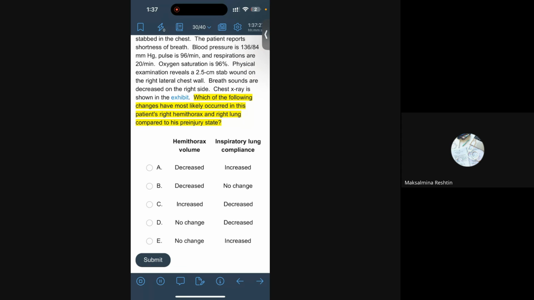The lungs are collapsed here. So what will happen to the compliance? Decreased. Yes, because now the lungs are less stretchy, right? Because now the lungs are collapsed. Now you require a much higher force to expand the lungs, right? So lung compliance is decreased. They are less elastic now.